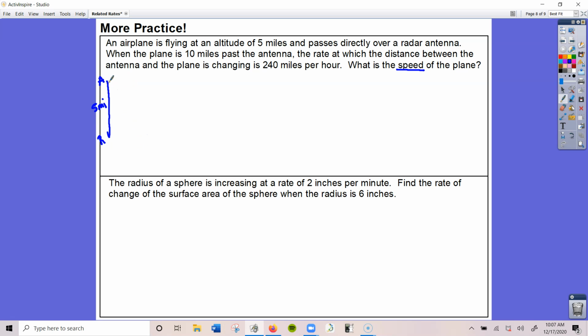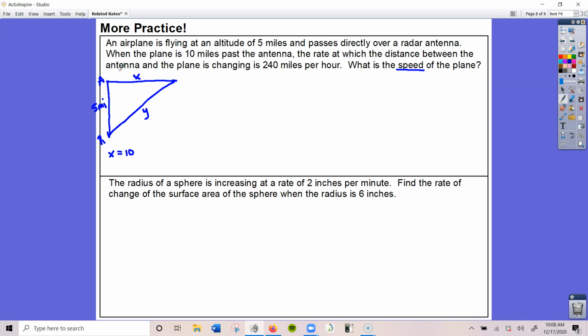When the plane is 10 miles past the antenna, so right here, this will represent x, because of course the plane is always moving, then this distance is going to obviously change as well. So we'll call this y.